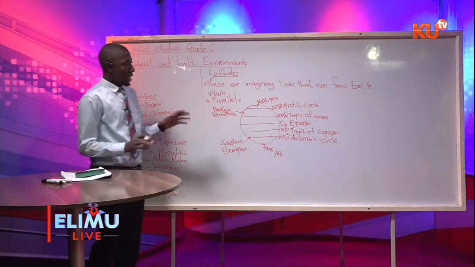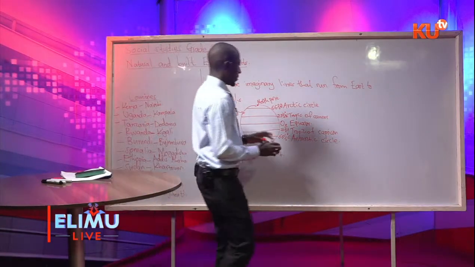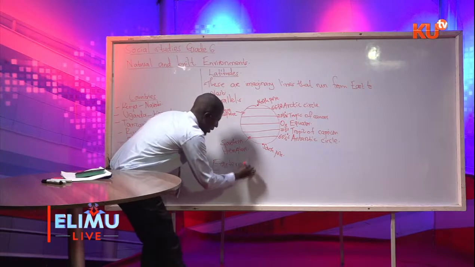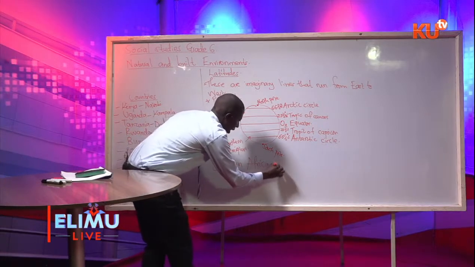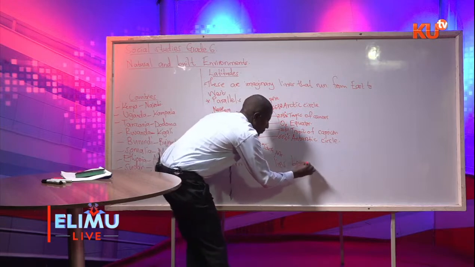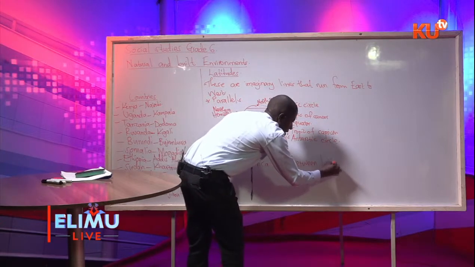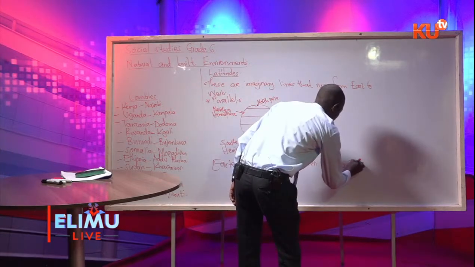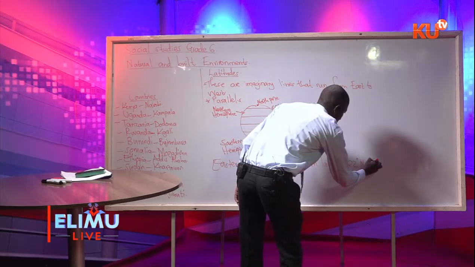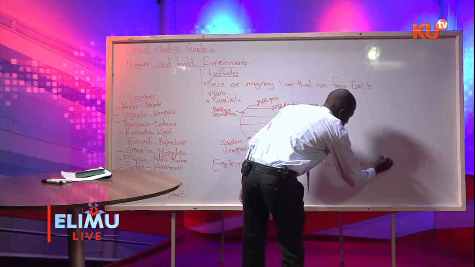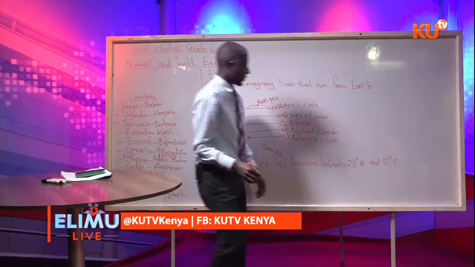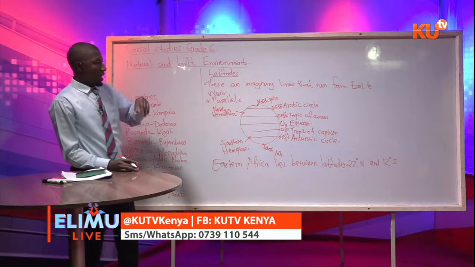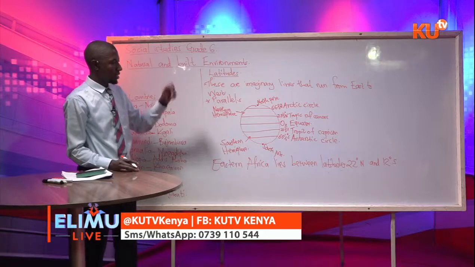Eastern Africa lies between latitudes 22 degrees north and 12 degrees south.